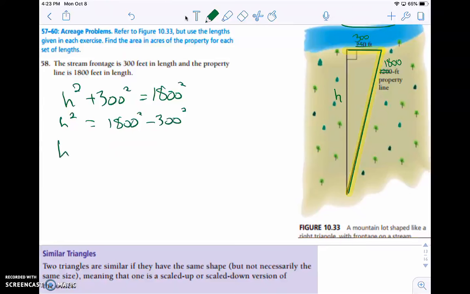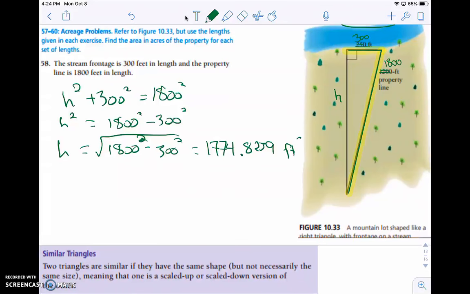So I'm going to take the square root of both sides to get h as the square root of 1800 squared minus 300 squared. And if you throw that into a calculator, you'll get something like 1774.8239, rounded to 4 decimal places. So that's the height.